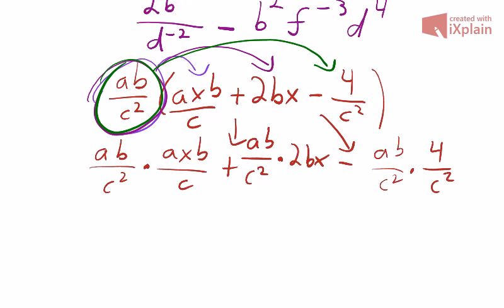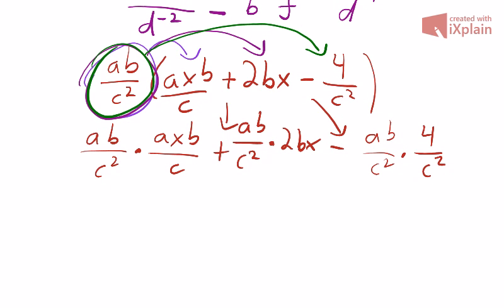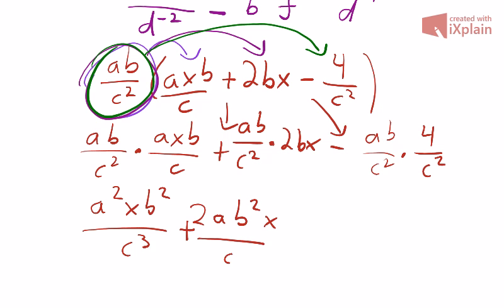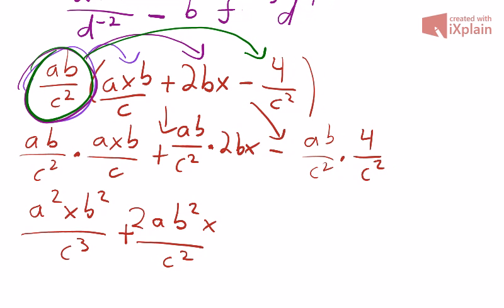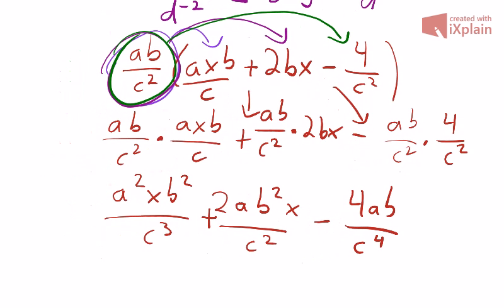So just doing this very quickly, what I'm going to end up with is a squared xb squared over c cubed plus ab squared x, there's a 2 there, over c squared minus 4ab over c to the 4th. And what happened there?